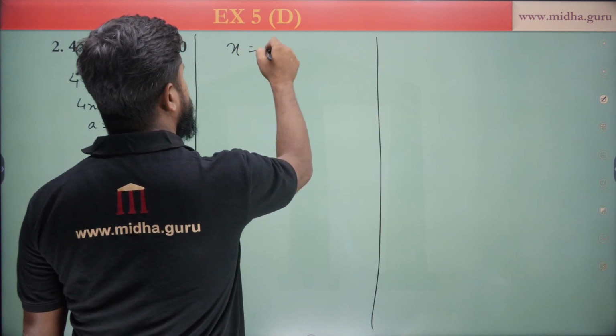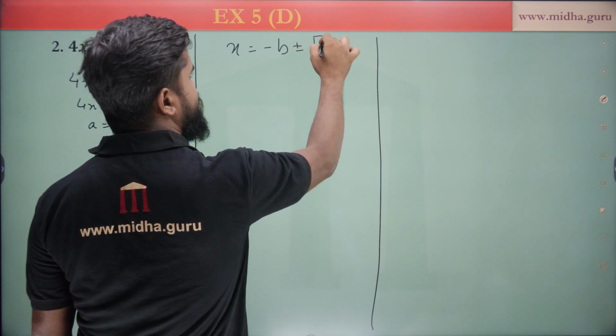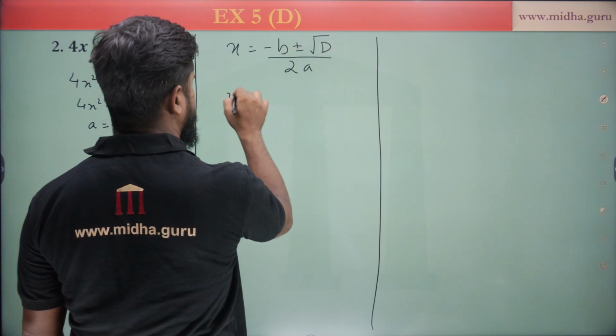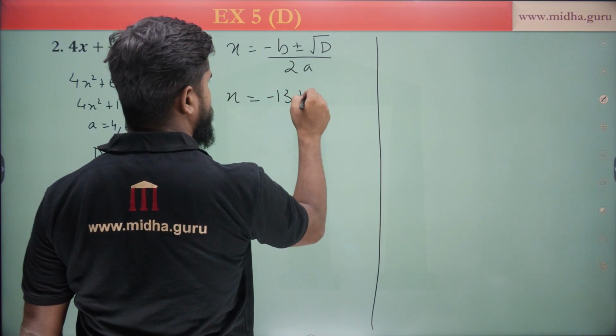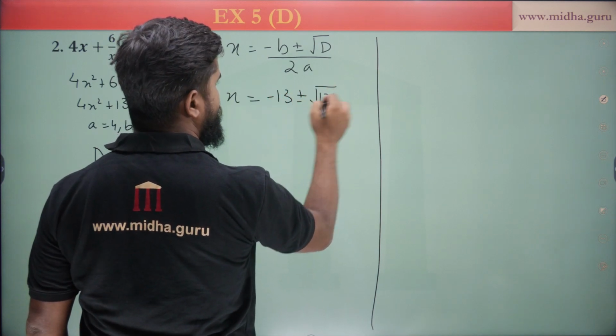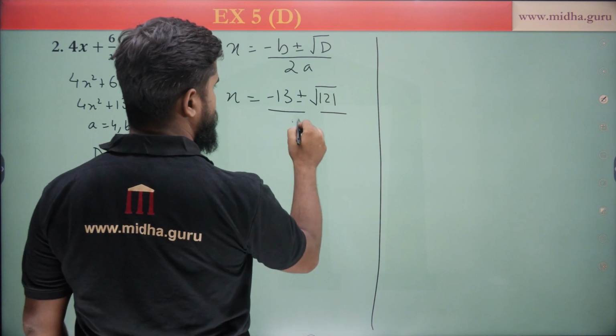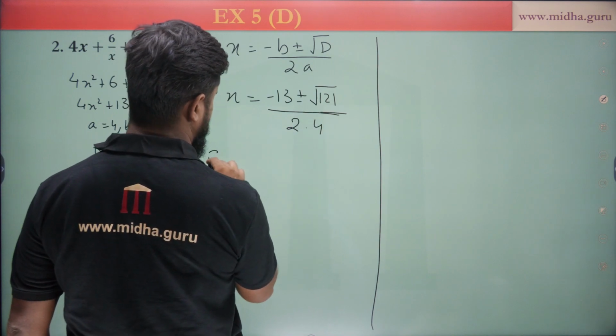So now x is equal to minus b plus or minus the root of the discriminant by twice of a. You can say x is equal to, since b is 13, minus of 13 plus or minus the root of the discriminant, divided by 2 into 4, since a is 4.